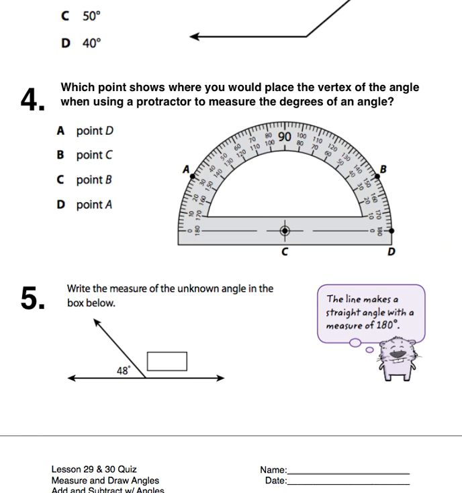So you have point A, point B, point C, point D. Which one of these points is where the vertex of your angle would get lined up? Pause your video, answer the question.